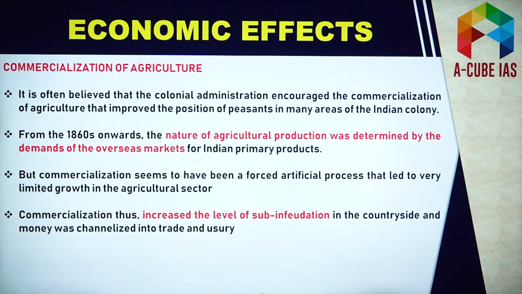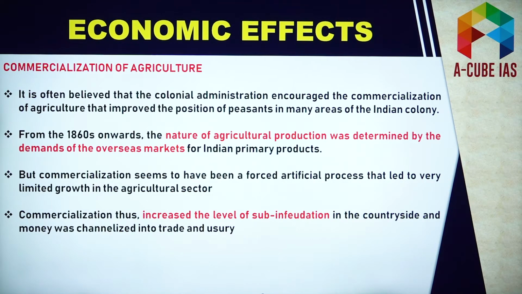So, the lack of any simultaneous large-scale industrial development meant that accumulated agrarian capital had no viable channels of investment. Okay, so there wasn't any investment in the field of agriculture. The larger part of the profits generated by the export trade went to British business houses, which controlled shipping and insurance industries.